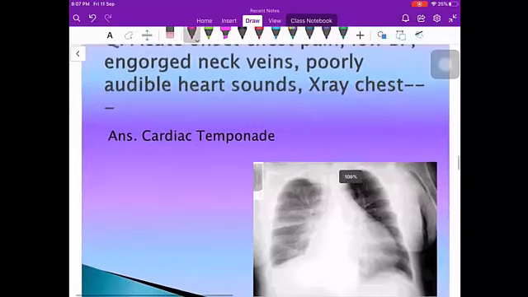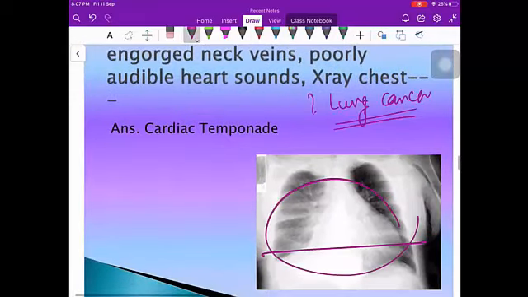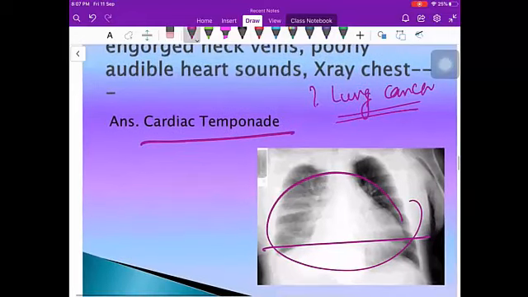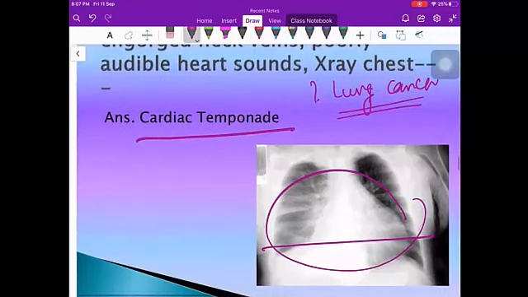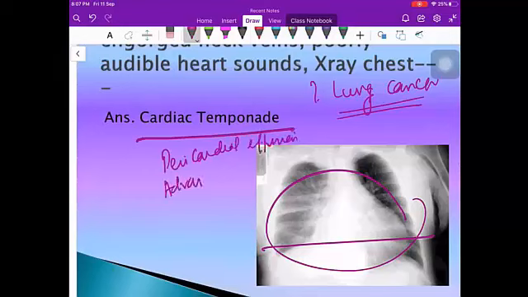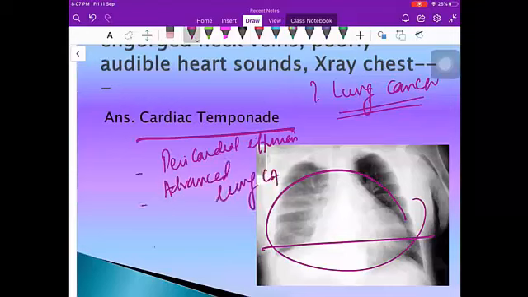So this clear-cut image, just like this, goes in favor of cardiac tamponade. Causes of cardiac tamponade can be many: there can be pericardial effusion, which is putting pressure on the heart, there can be advanced lung cancer, there can be trauma to the chest.